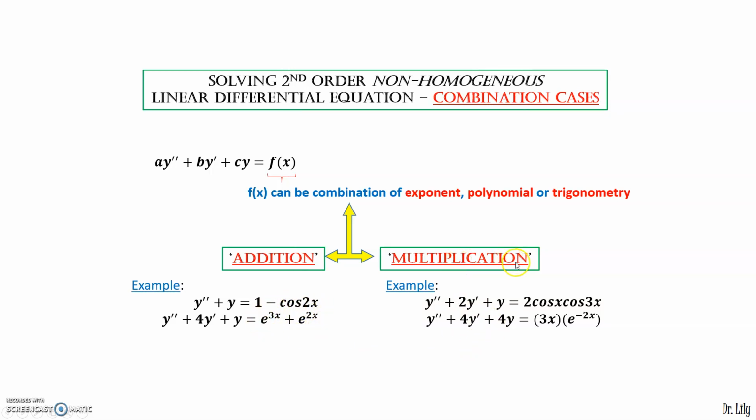For multiplication cases, for example you have y'' + 2y' + y = 2 cos x cos 3x. So in this case, your f(x) is represented by a multiplication of trigonometry and trigonometry. For the next example, your f(x) is represented by a multiplication of polynomial and exponent.